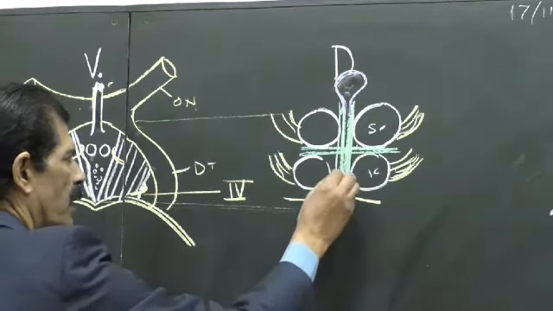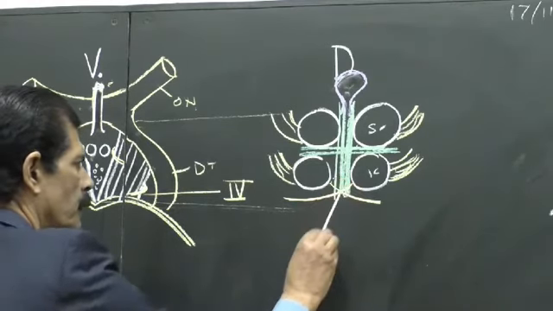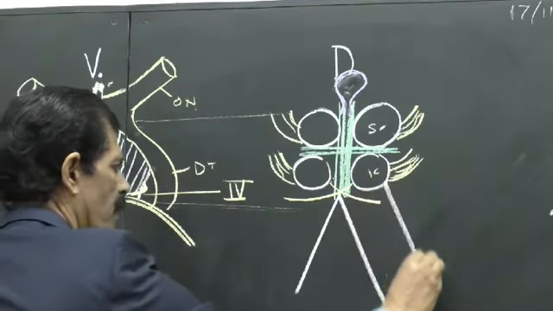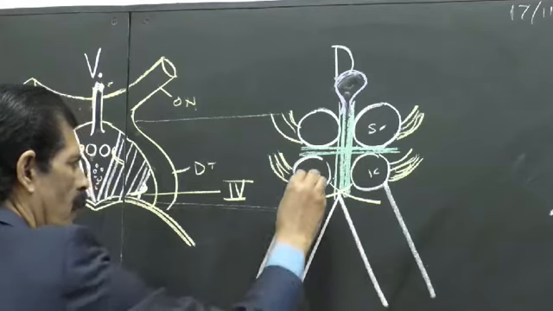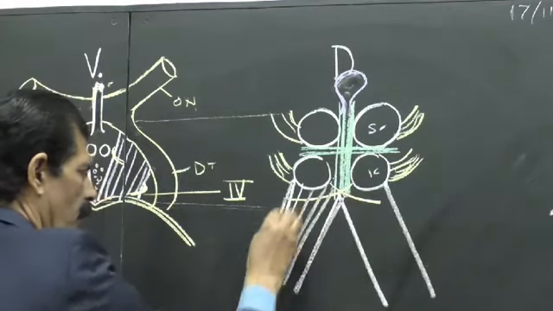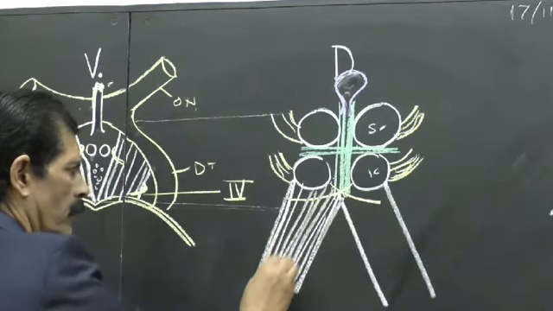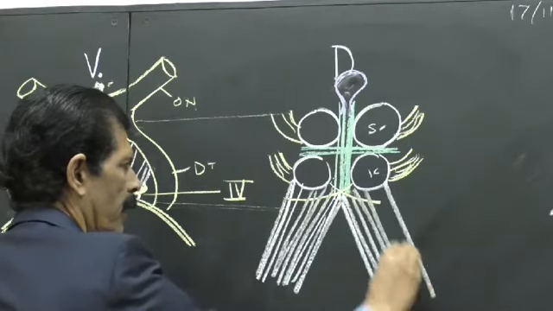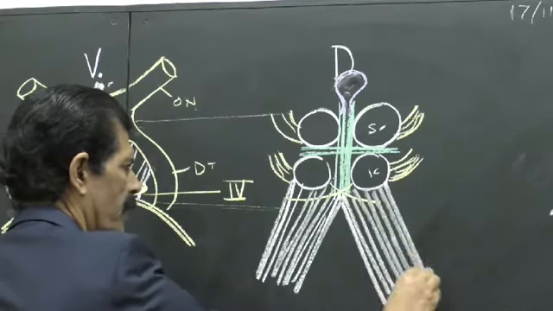Then, below the inferior colliculus, two bundles of white matter come out of the midbrain. They run downward and laterally with a medial border and a lateral border. These two bundles contain afferent and efferent fibers.